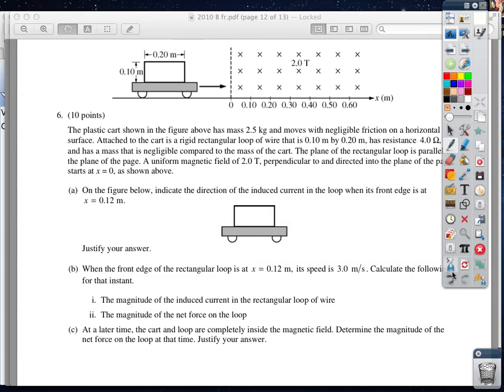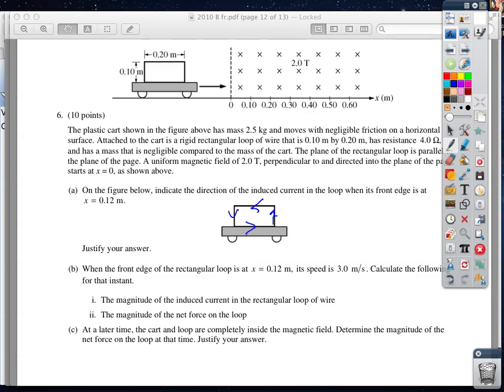All right, on the figure, it'll indicate the direction of the induced current in the loop. So flux is going into the board, and it's increasing, right? So if flux is increasing inside the loop, I need to decrease it. So my fingers go out of the board inside the loop, and that means current is counterclockwise.